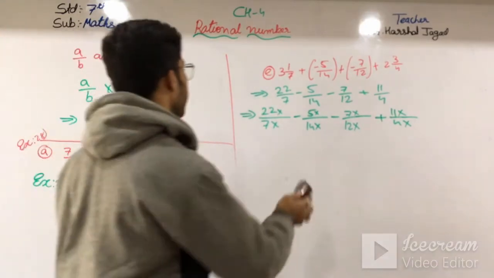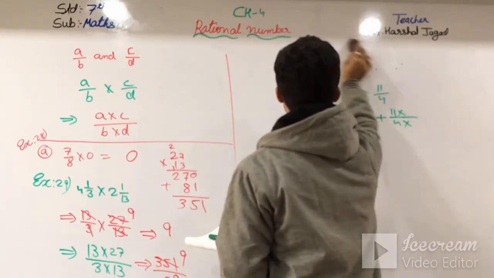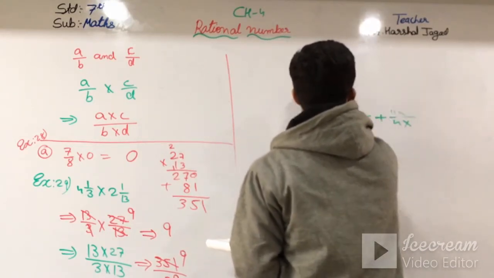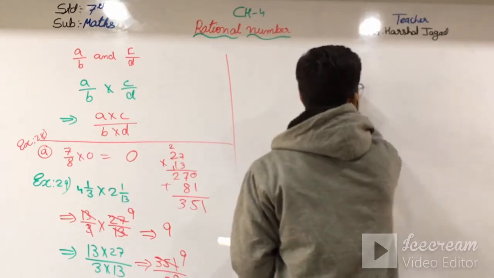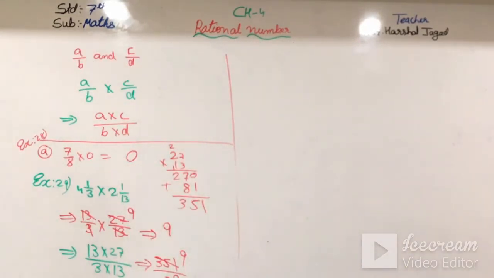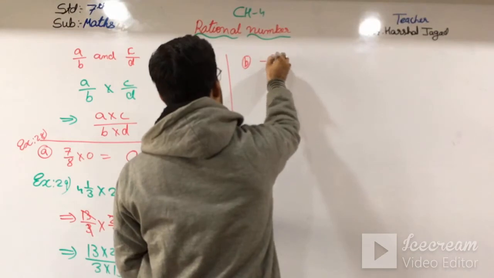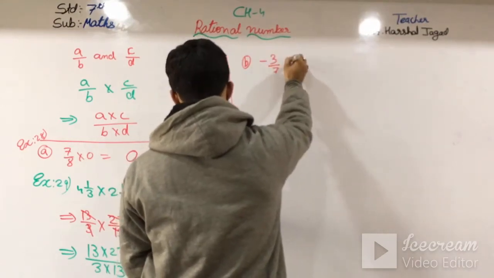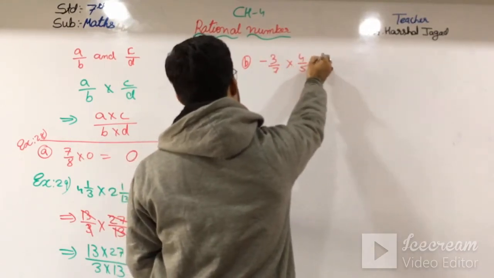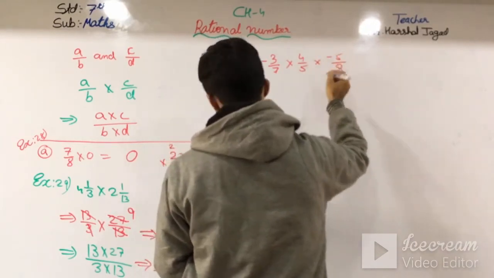Example number 29b. The example is minus 3 by 7 into 4 by 5 into minus 5 by 8.